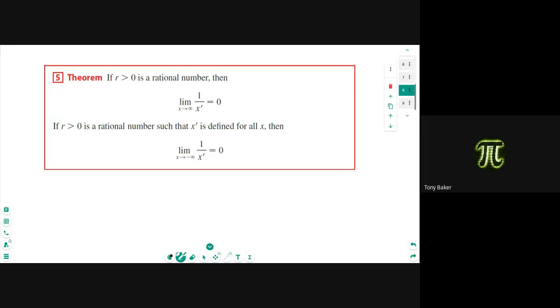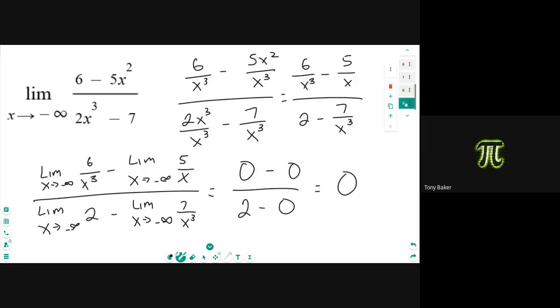Even though I didn't necessarily have a 1 on the top, I had a 5, remember, I can always take that 5 and move it out front, because I can pull out a constant. So it technically was still like a 1 over it. So the key piece is that it is a real number up there, no variables. So that canceling out is actually very important in that respect.